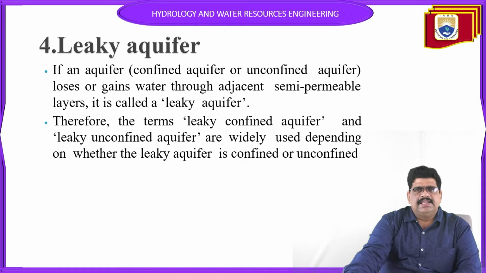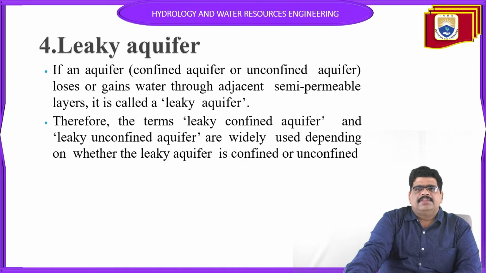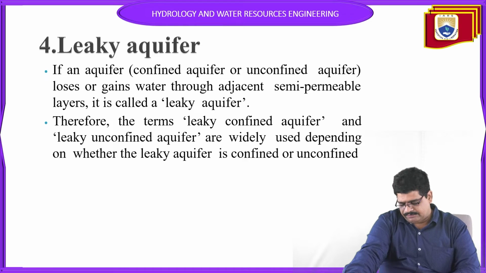The water leaking from the edges is called a leaky aquifer. Therefore, the terms leaky confined aquifer and leaky unconfined aquifer are widely used, depending upon whether the leaky aquifer is confined or unconfined.